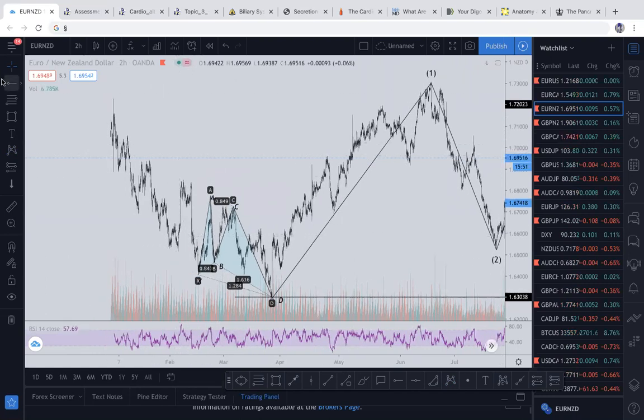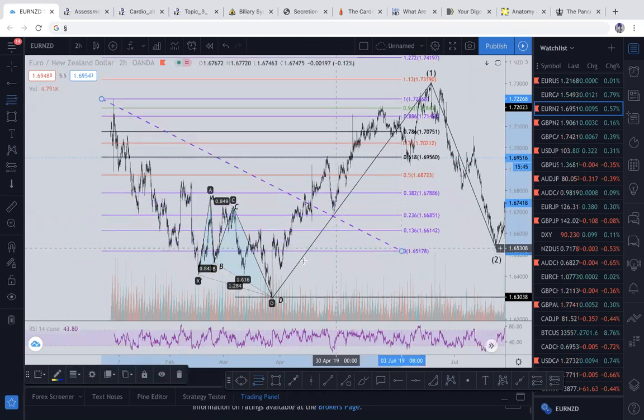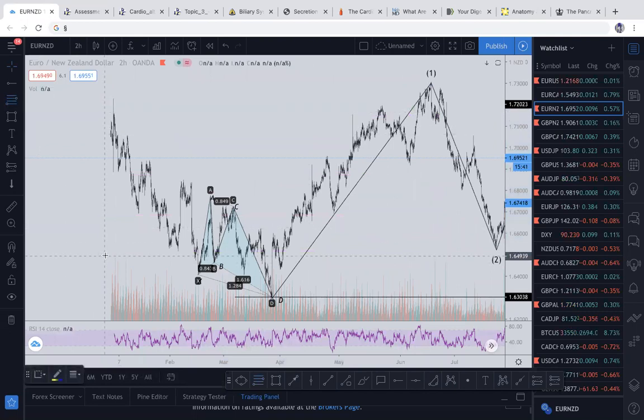Let's even consider this area up here to here. Let's see if we can have a shark.